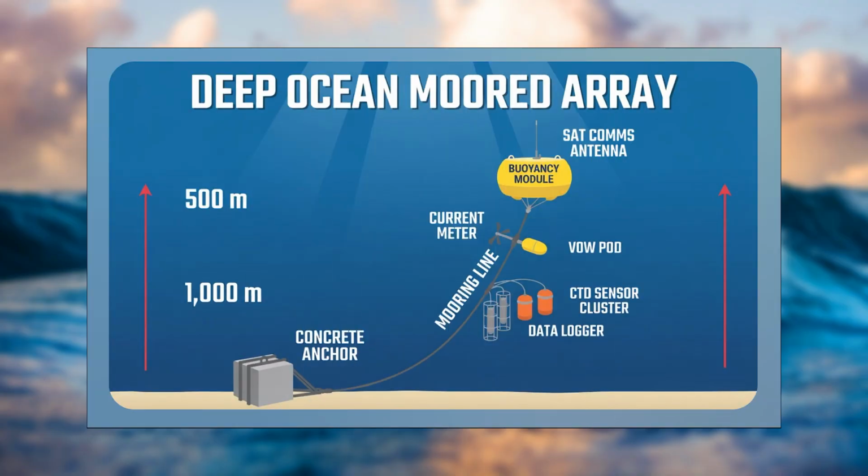Autonomous underwater vehicles can travel across large areas of the ocean to collect detailed information, while satellites provide a global view by measuring sea surface height, temperature and salinity.